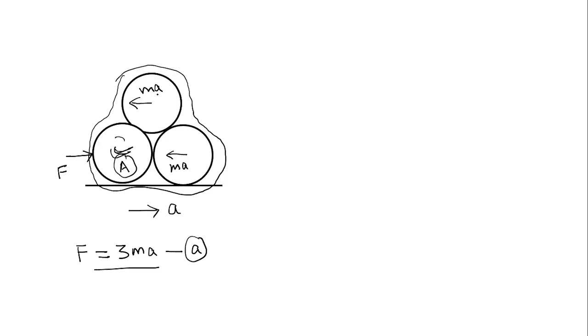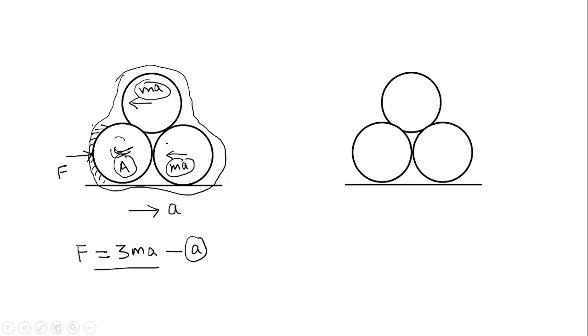If you apply these pseudo forces, then the problem becomes very easy, because now we can assume this ball to be at rest. This ball will be at rest, and simply two forces will be applying. So the situation is something like this.